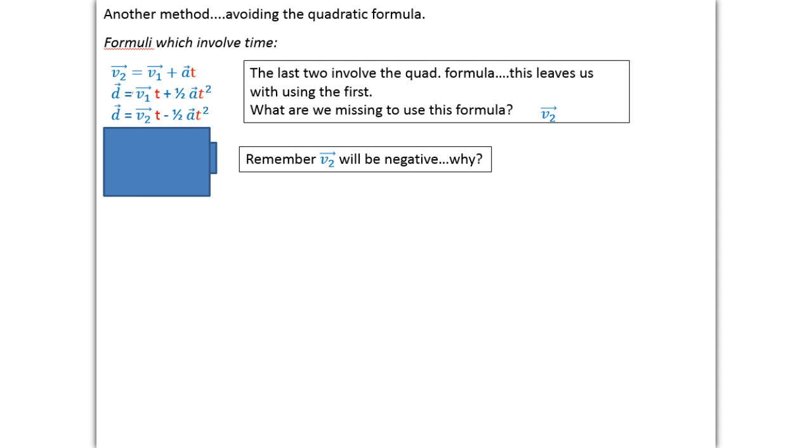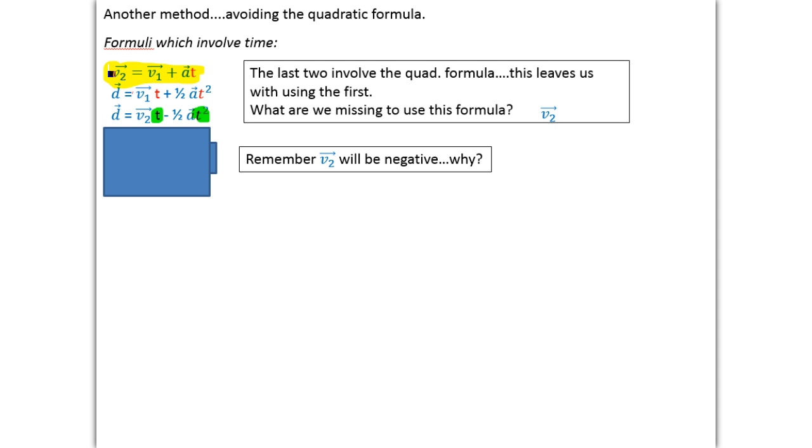These last two, we know they would involve using the quadratic formula because there's a squared term and a plain term. Whenever you see that, it's quadratic formula. So we're going to leave these two out. That means our only option is to use this formula here.